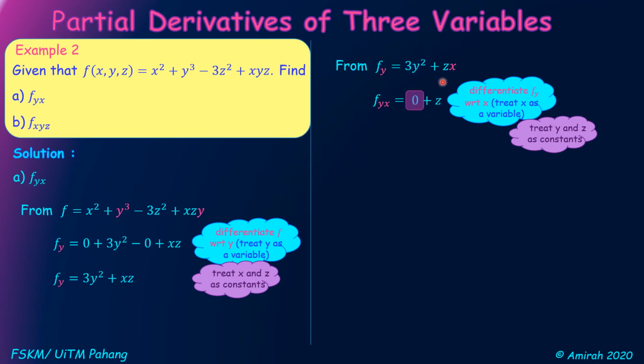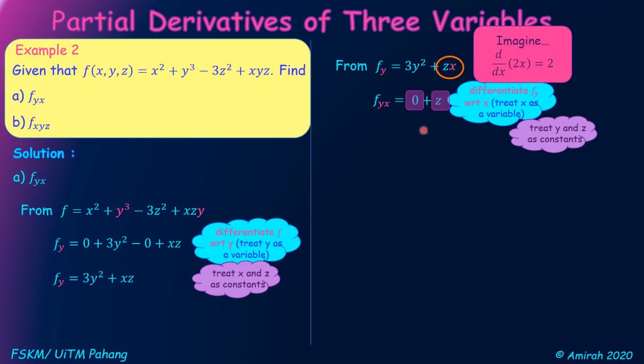And then we want to differentiate zx. To differentiate zx with respect to x, we just imagine, let's say we want to differentiate 2x, constant times x, with respect to x. The answer equals 2. So when we differentiate constant times x, which is zx, the answer equals the constant z.